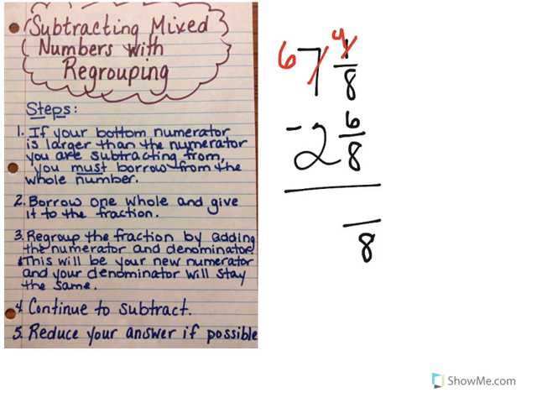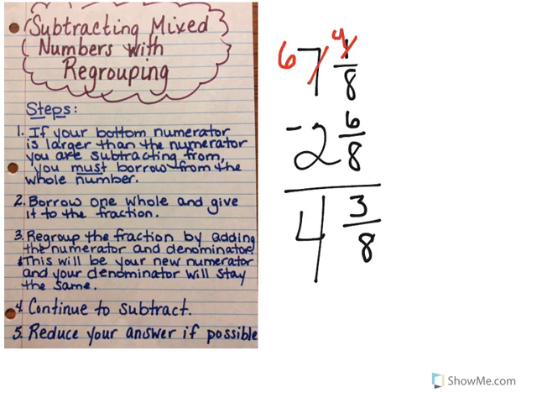Now I can go ahead and subtract. 9 minus 6 is 3. And 6 minus 2 is 4. Now remember, I go back and I want to ask myself those 2 key questions. Is my fraction improper? Nope, it's perfectly fine.